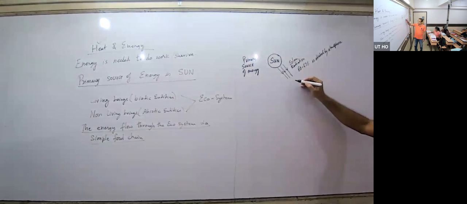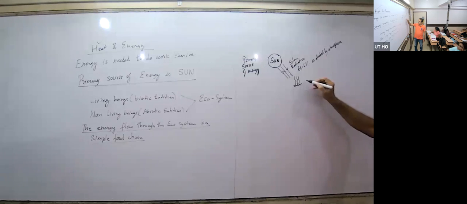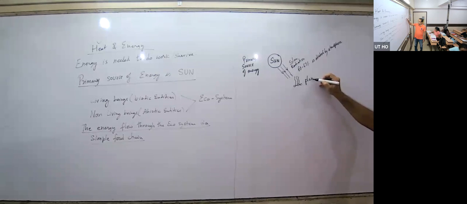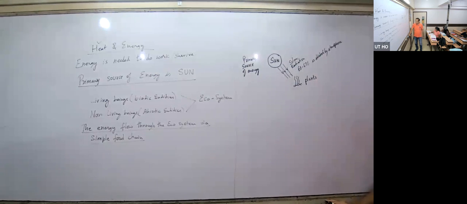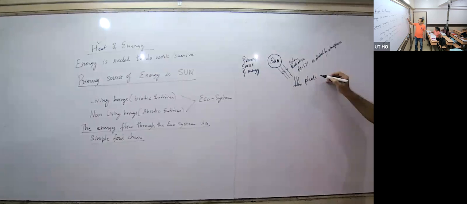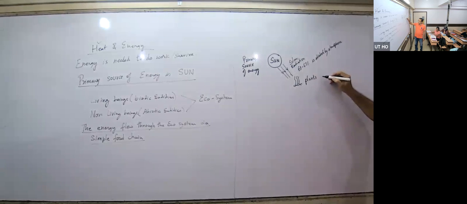And a very small part of the energy is received by plants. So plants receive the sun's energy, a very small portion of it. And then what they do is convert that energy into chemical energy through a process called photosynthesis.